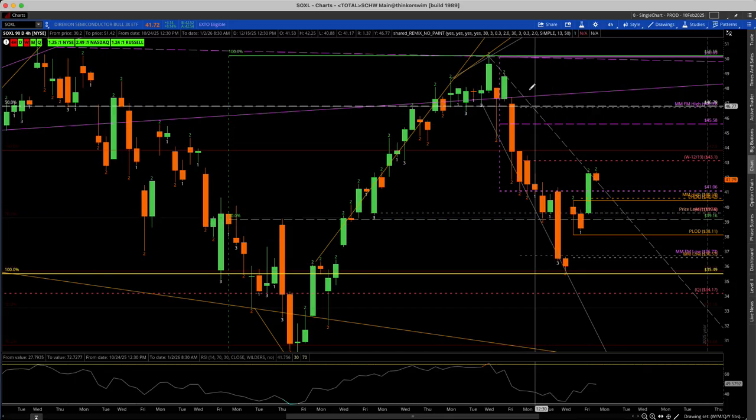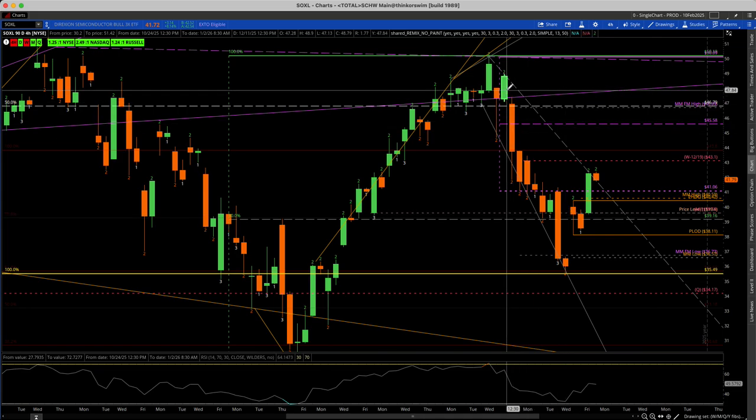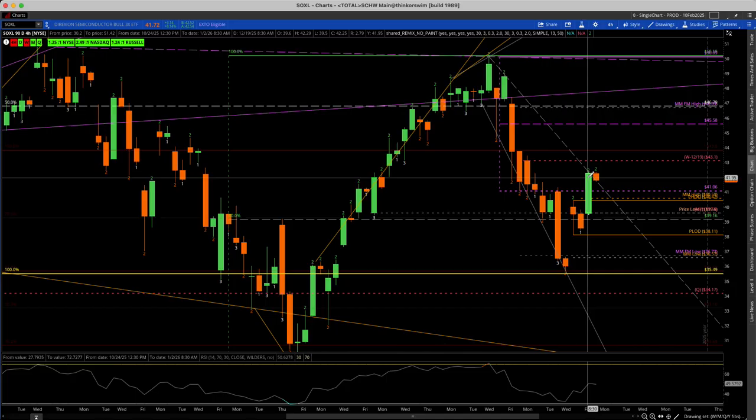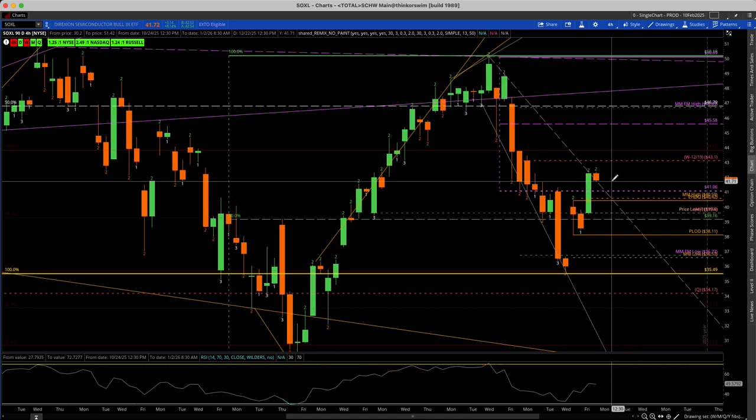Not as much weight as if we get a 2 up followed by a 2 down, locking that in as a solid lower high. So in our opinion, we haven't quite made the higher high on the 4 hour. Now that's not the biggest problem in the world, because a lot of times, just like on the 1 hour, you make a lower high before you make a higher low. So we've got to continue to watch how Monday opens.